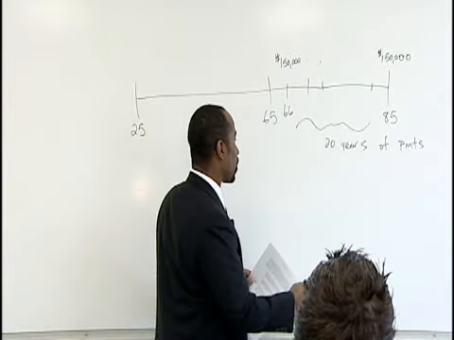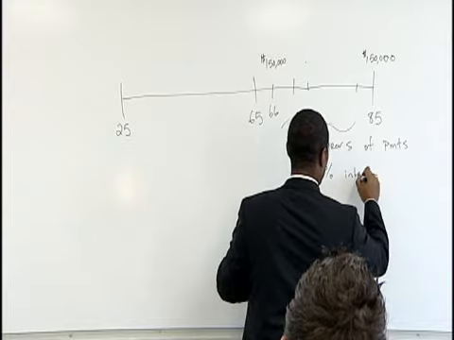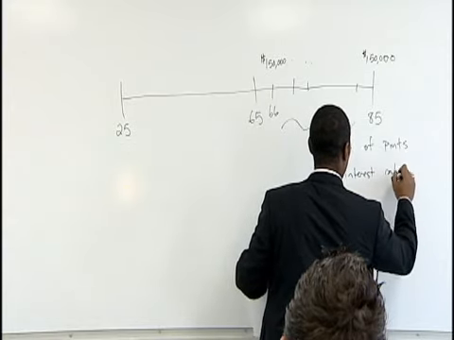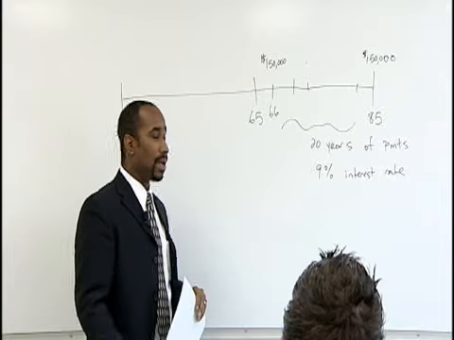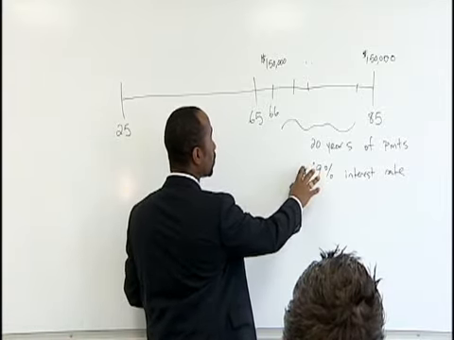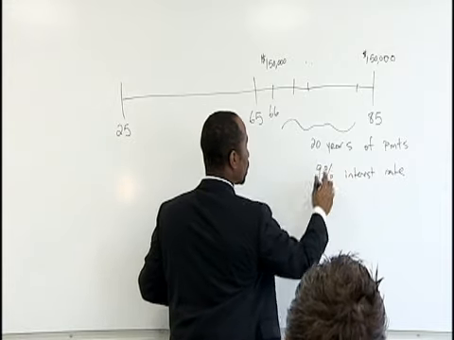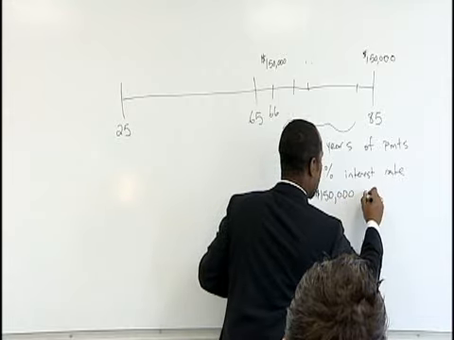So maybe we can pull off a 9% interest rate. I would imagine it'd be compound interest too, correct? Absolutely compound interest. We have 20 years of payments, and again, we want $150,000 every year.